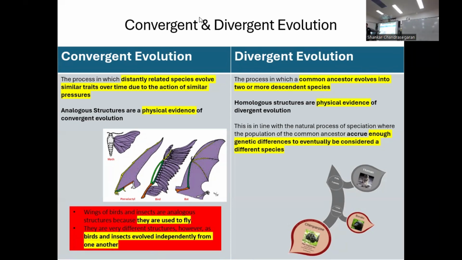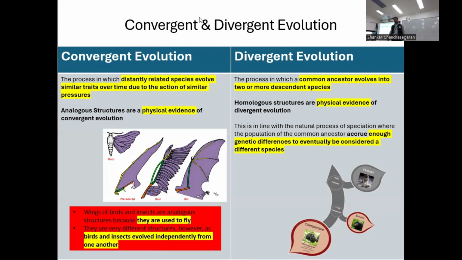In terms of evolutionary relatedness, they are very far from each other, and yet they evolved that trait due to similar selection pressures. That is the meaning of analogous structures, and that is physical evidence of convergent evolution. Basically, they converged towards the same trait, right?